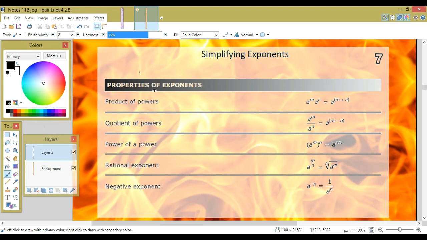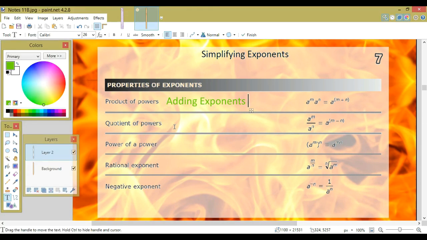Simplified exponents. We have product of powers. Product of powers is adding exponents. Quotient of powers is subtracting exponents. Power of a power is multiplying exponents. Rational exponent, which we're just doing, is dividing exponents.